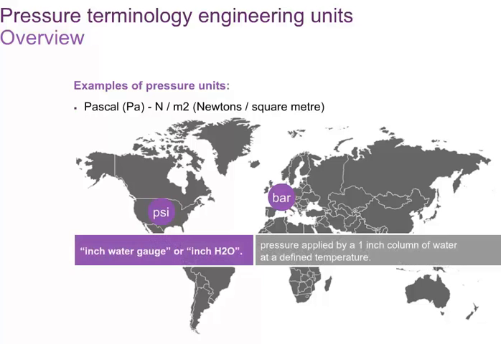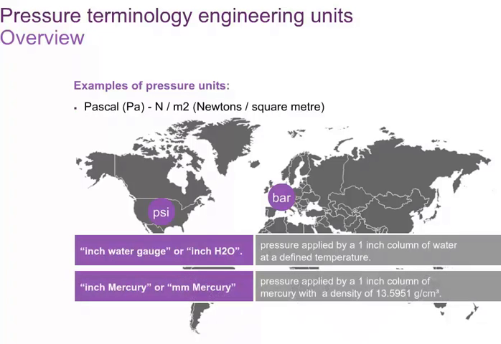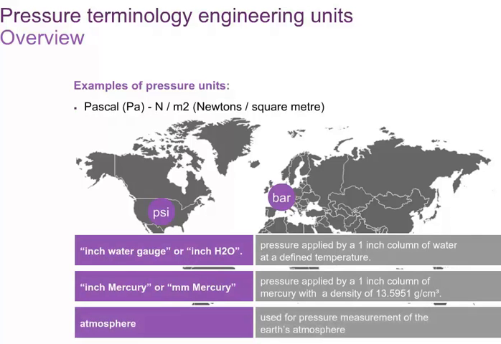Depending on the application, you sometimes find inch water gauge or inch H2O. The units inch mercury or millimeter mercury are often used in combination with absolute pressure measurement. The atmosphere is the unit sometimes used if the pressure of the Earth's atmosphere is measured.